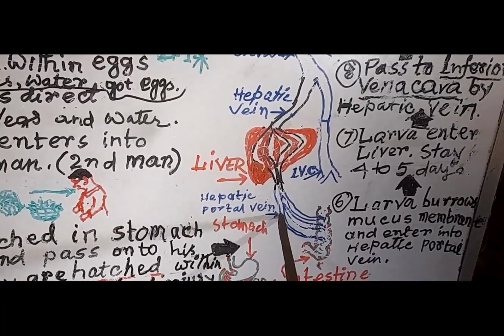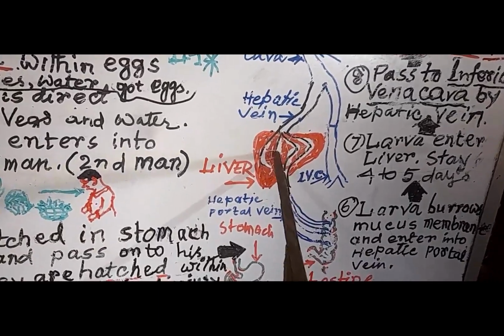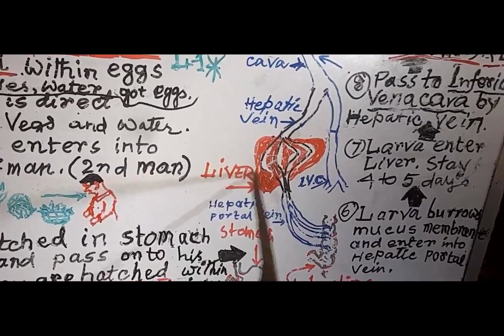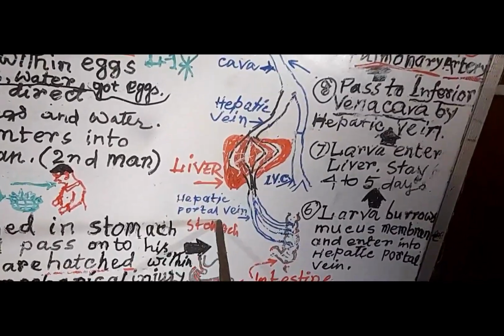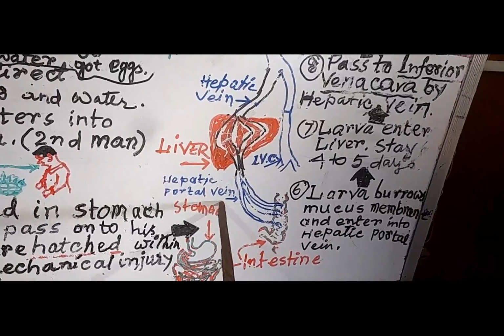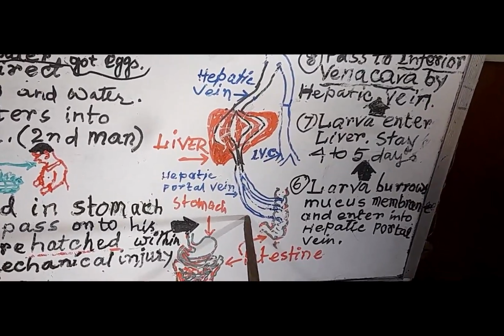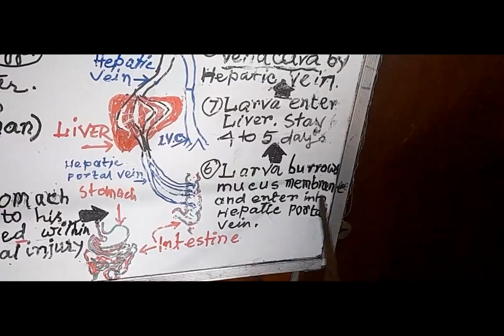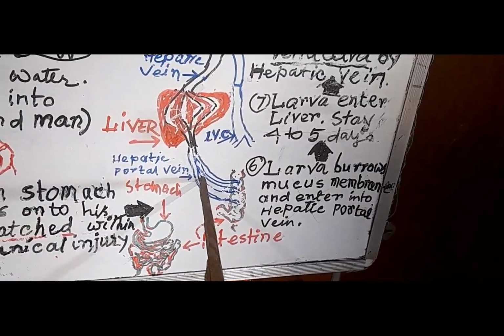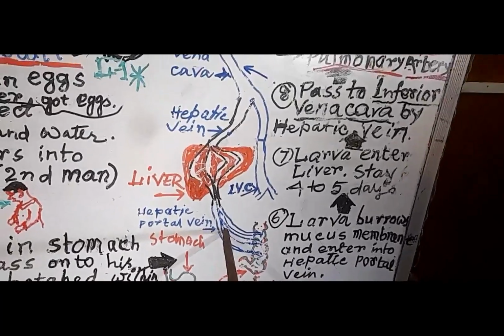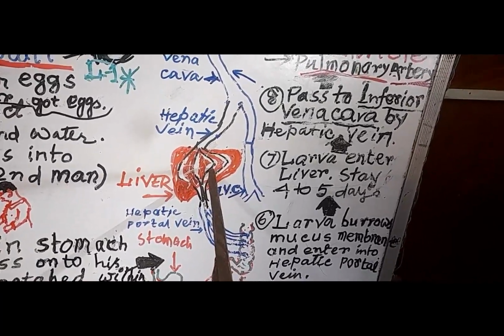And as it is related with the liver, the adjective of the liver, hepatic, should be added here, and it is named the hepatic portal vein. Then this larva burrows the mucous membrane and enters into the hepatic portal vein, which is ending in the liver.